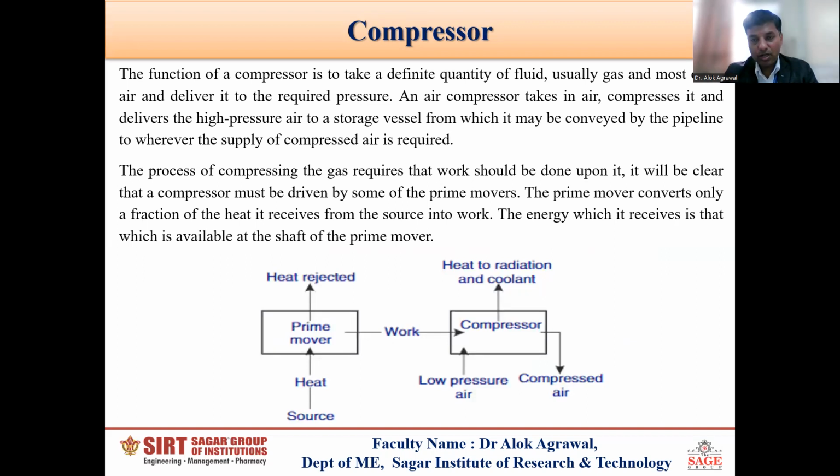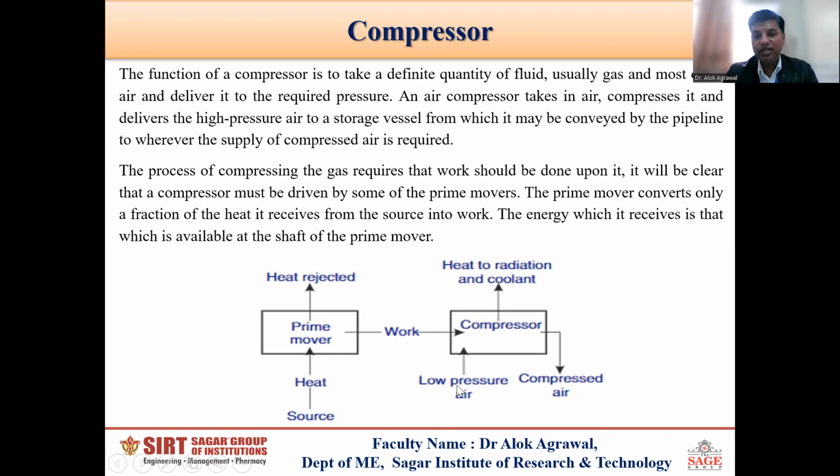Here we can see that it takes a definite quantity of air or gas, generally air, and delivers it at high pressure. For doing this, we have to provide energy through this compressor. The compressor takes air at lower pressure and delivers high pressure air wherever required.